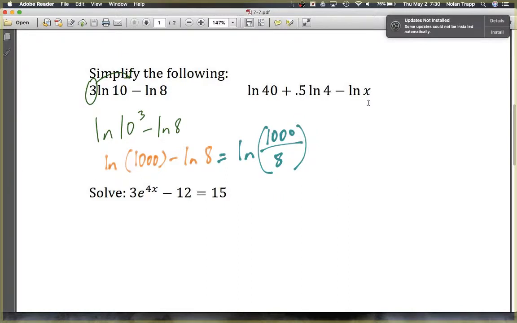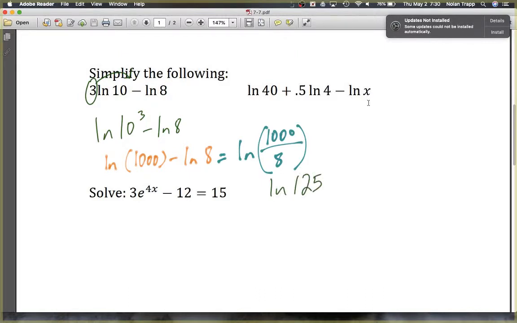And using a calculator, we can check to see how many times 8 goes into 1,000. So 1,000 divided by 8 actually works out to a nice even 125. So I can write ln of 125.